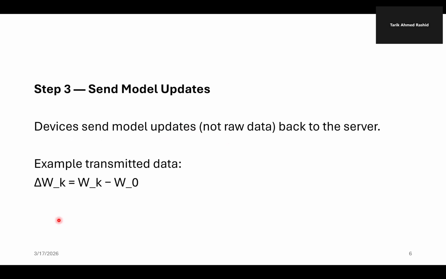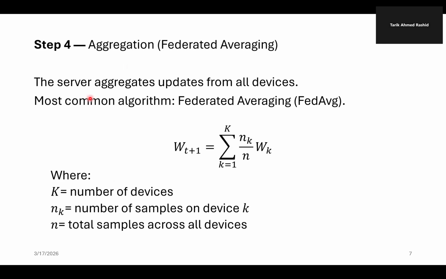So you've got delta W_K equals W_K minus the initial weight. Now, in the server, all these weight updates from each client, from each device, will be aggregated through this formula.